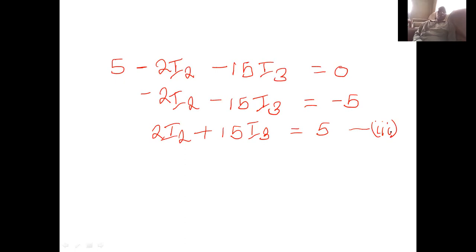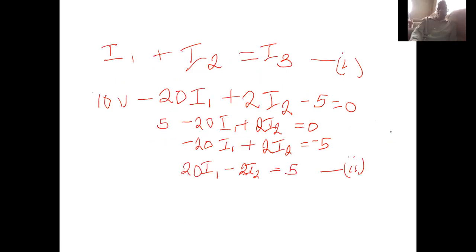And so now we have 3 equations. We have equation 1, which is I1 plus I2 equal to I3. Current 1 plus current 2 equal to current 3. And the second equation is 20 times current 1 minus 2 times current 2 equal to 5.